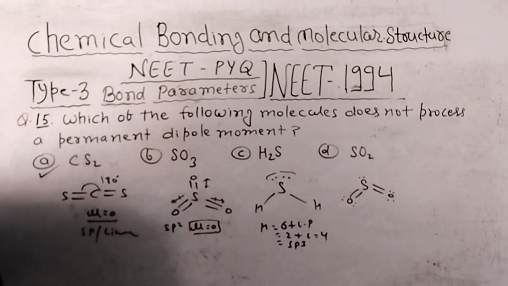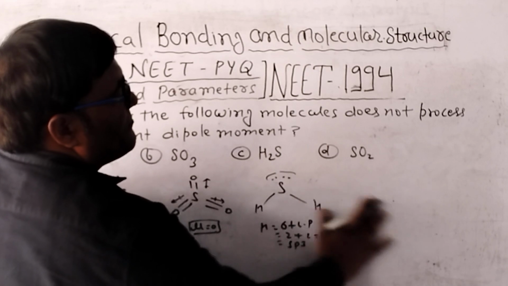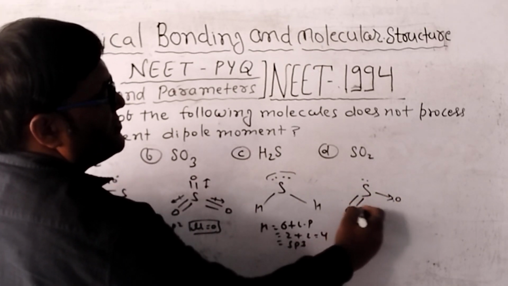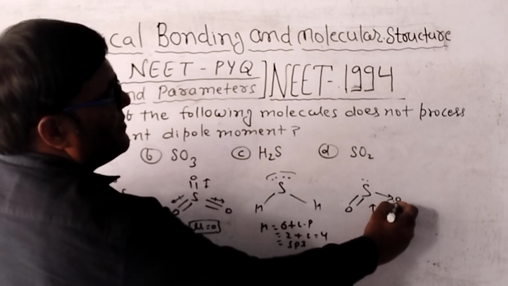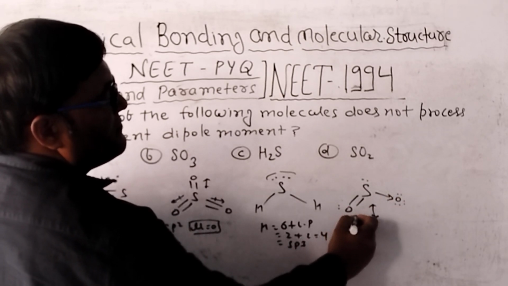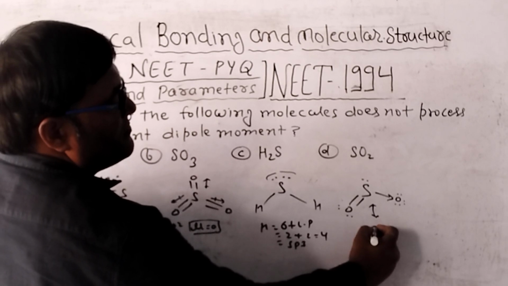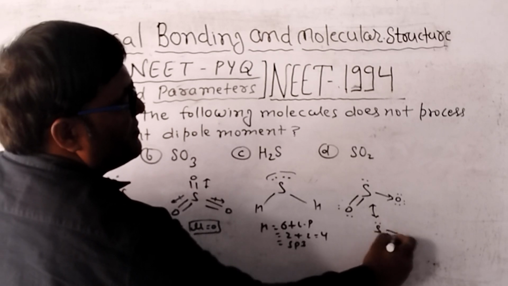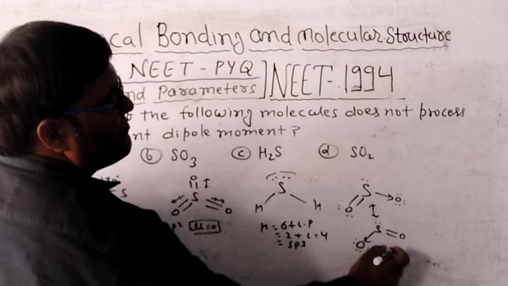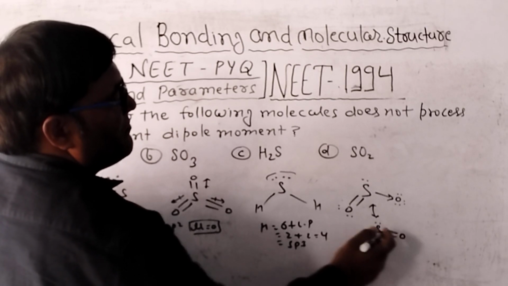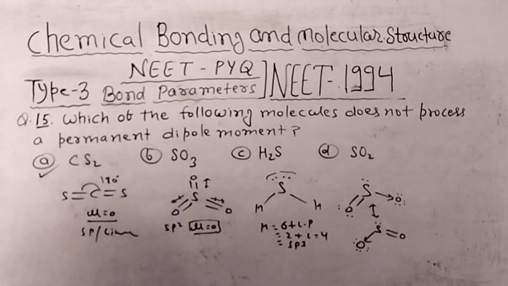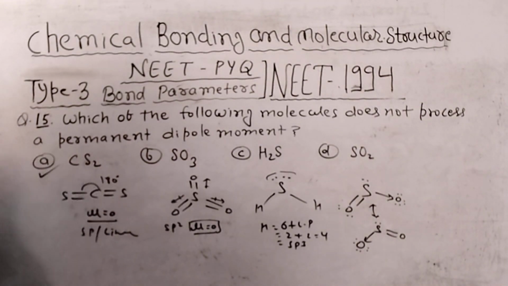This is the structure of SO2. Due to the resonating structure of sulfur, you can observe delocalization of the pi bond in one delocalized structure. So finally in this question the answer is correct.